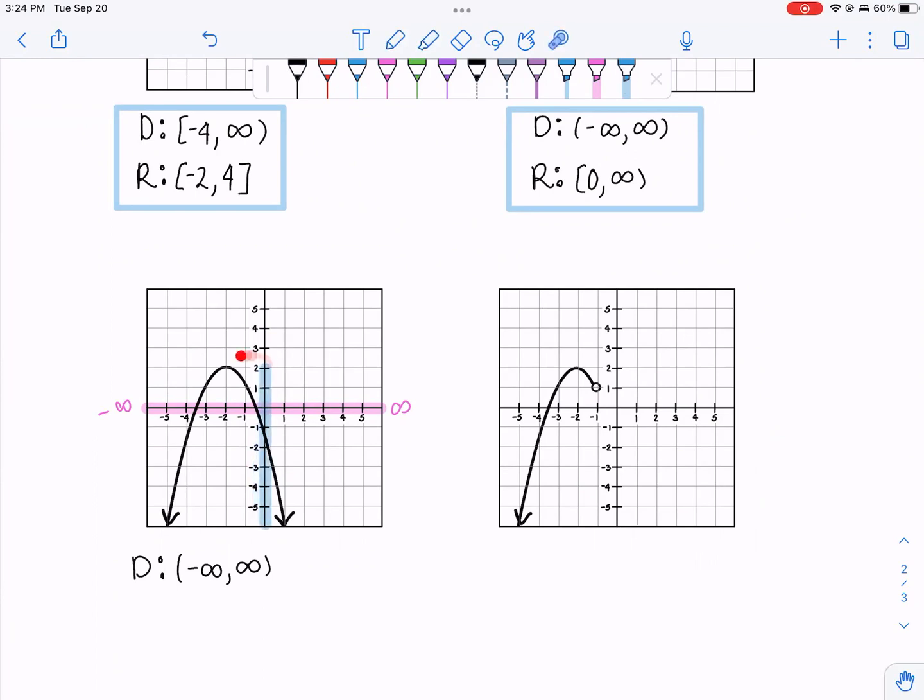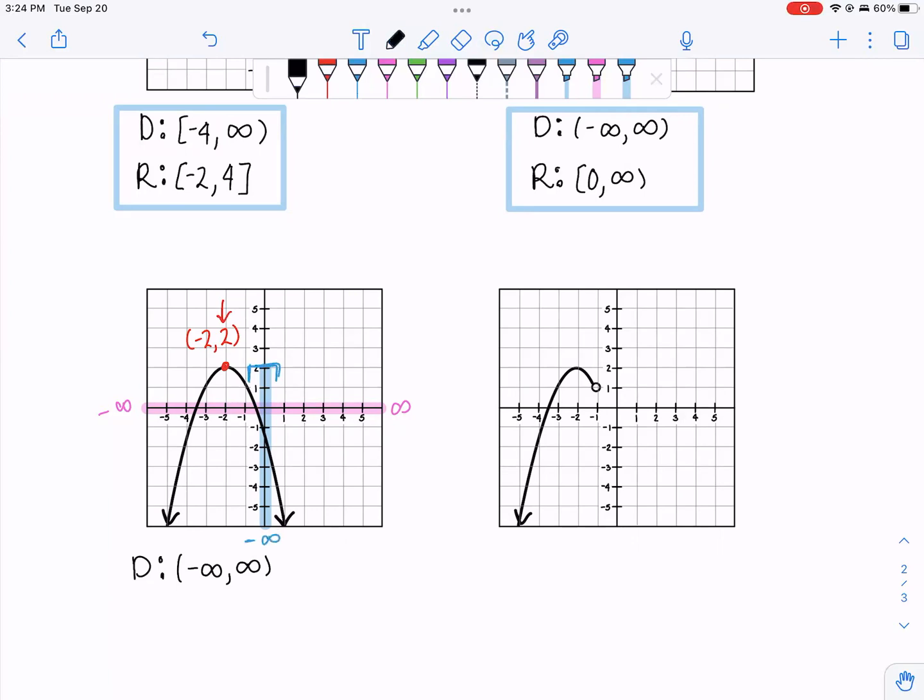We have coordinate points with y values 2 and below, right? Any y value above 2, you're not going to find on the graph. There is no coordinate point with y value 4 or y value 5. So it has to be values that are less than 2. We include 2 itself because we have this point here, -2, 2, which means that 2 has to be in the range. So we're including 2, and this goes down to -infinity.